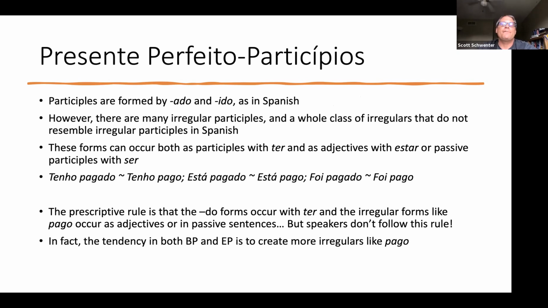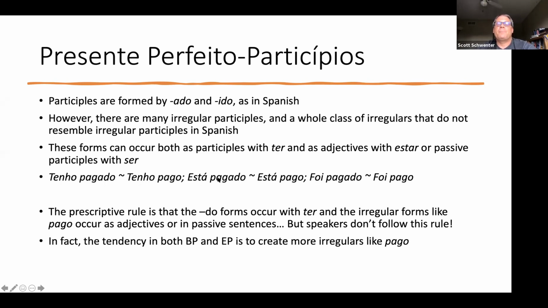So these forms can occur with ter, so with the perfect construction, as adjectives with estar, or in passives with ser, right? So you can either say tenho pagado or tenho pago, está pagado or está pago, foi pagado, foi pago, right?